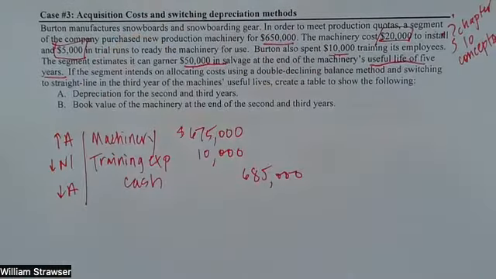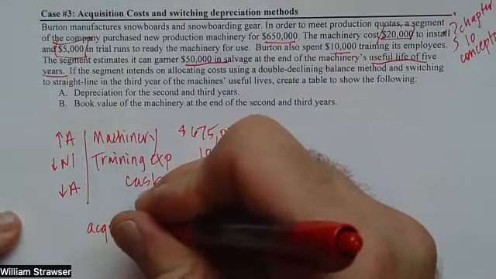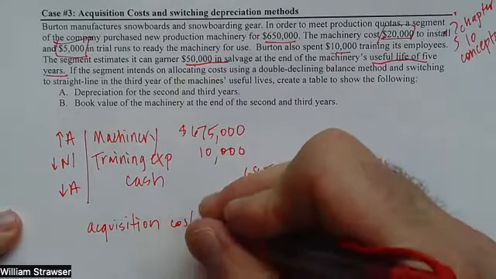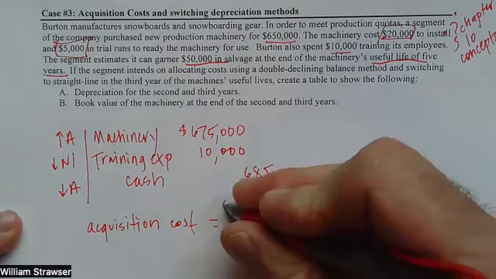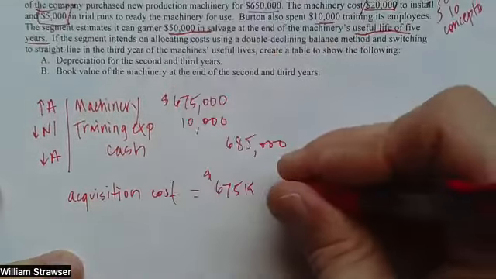All right. Now we have the appropriate acquisition cost, and that is important in determining my allocation base, because I have a salvage of 50,000.